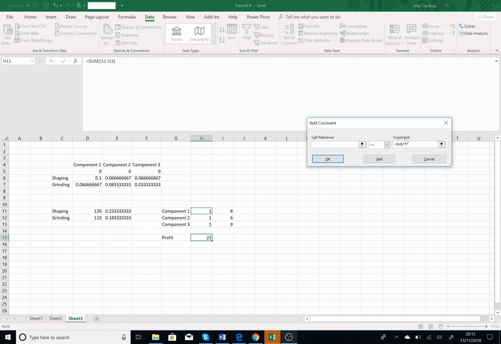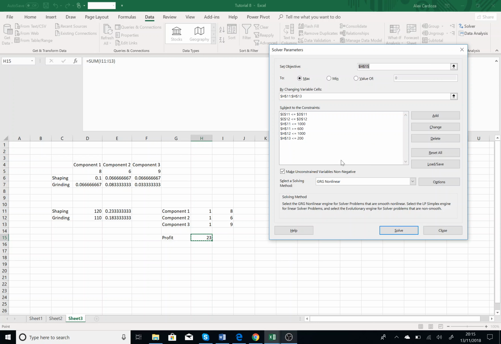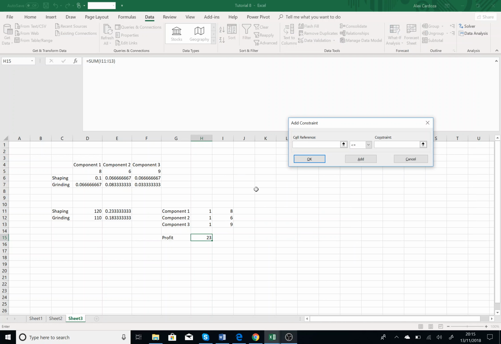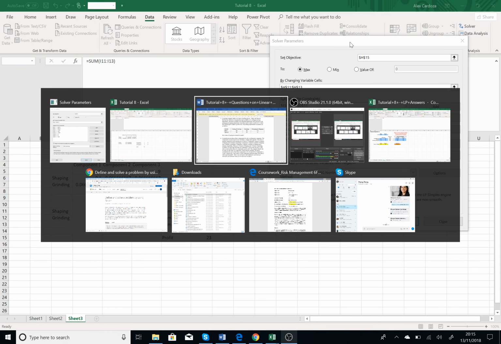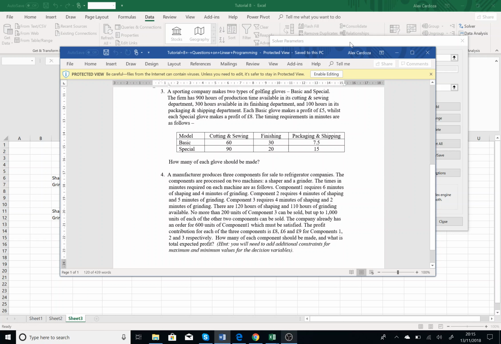Component 1 must be 600 there. And then H12 must be greater than or equal to 0, as must H13. Click OK there and make sure that component 1 is the correct component 1.